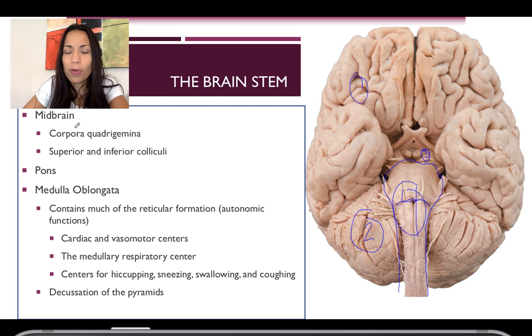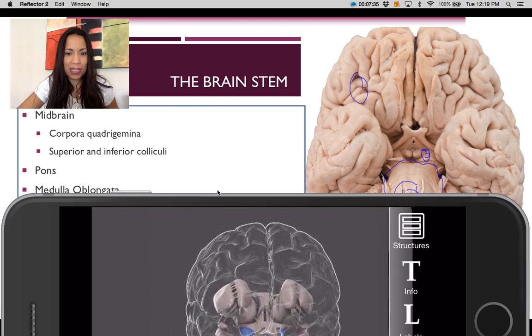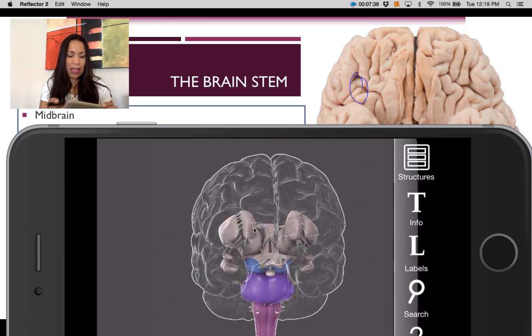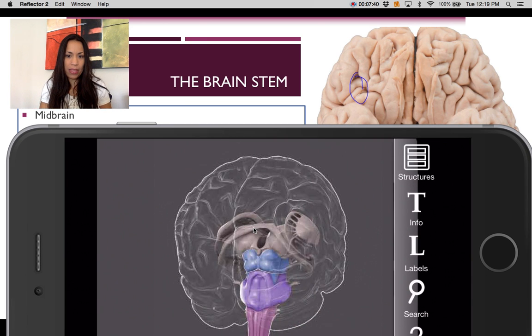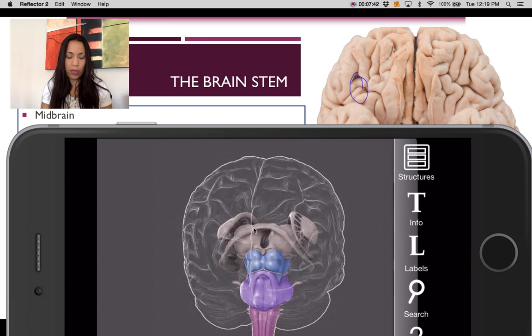Well, that's the part that we cannot see. I'm sorry, I'm going to hold this one more time to show you. Here in the midbrain, the blue part, the superior portion of the brainstem, can you see these four little balls in the midbrain? This is the posterior view.